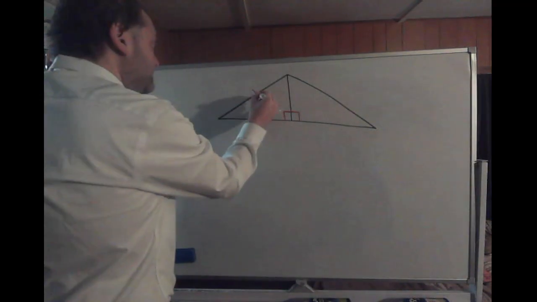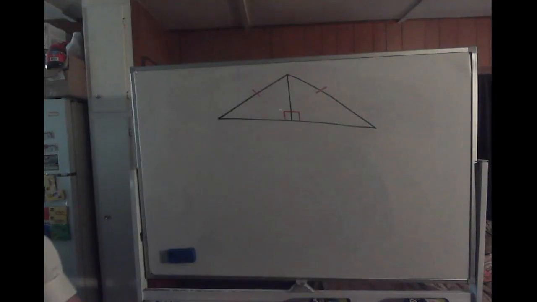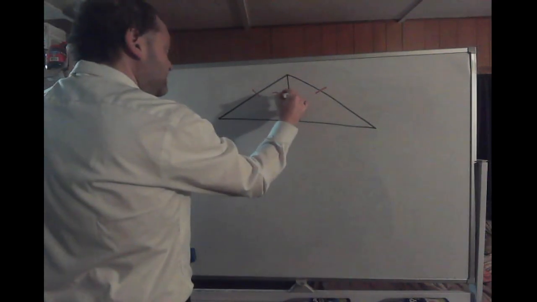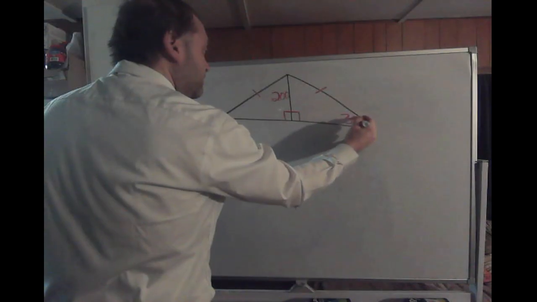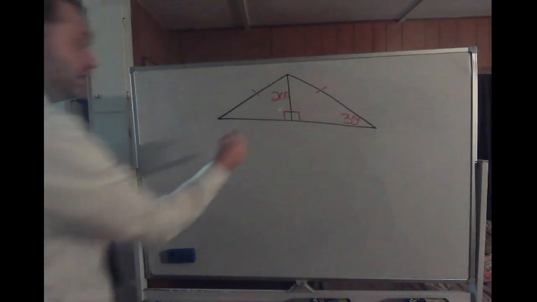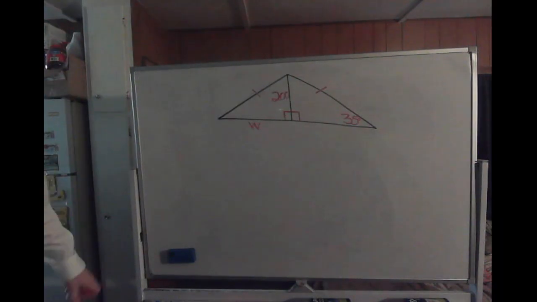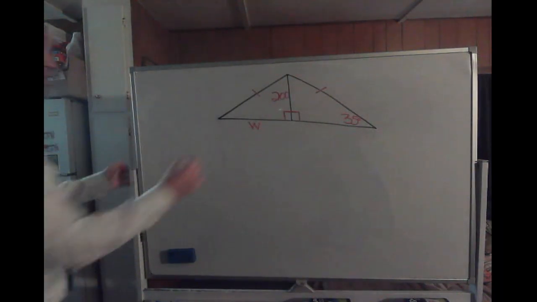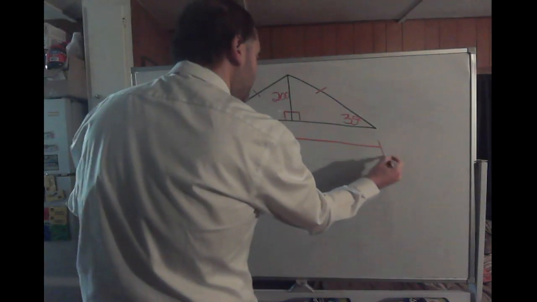We even get that these two sides are congruent to each other. We get that the length of this leg is 200. We get that this angle here is 35 degrees. We get that the length of this is W. We get that the length of the entire side here is Z.